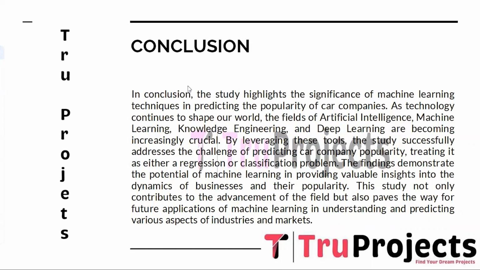The findings demonstrate the potential of machine learning, providing valuable insight into the dynamics of business and their popularity. This study not only contributes to the advancement of the field, but also paves the way for future applications of machine learning in understanding and predicting various aspects of industries and markets.